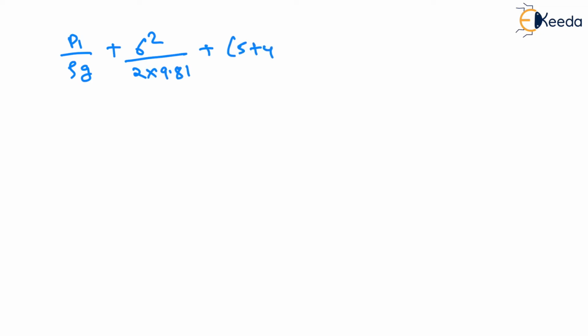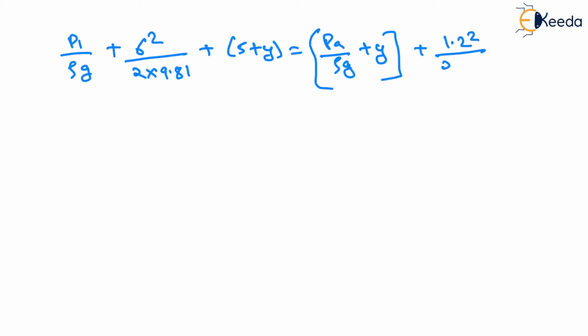We will get P1 upon rho g plus 6 square upon 2 into 9.81 plus 5 plus y equals to PA upon rho g plus y plus 1.2 square upon 2g, that is 2 into 9.81, plus 0 plus 0.1.